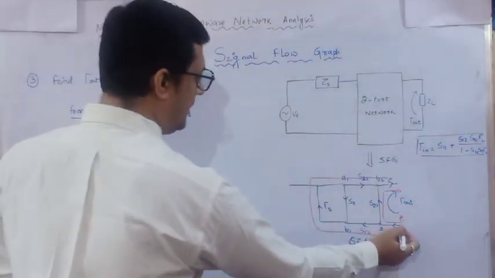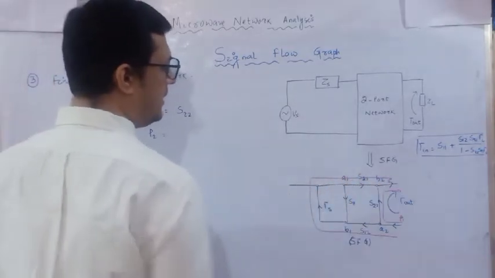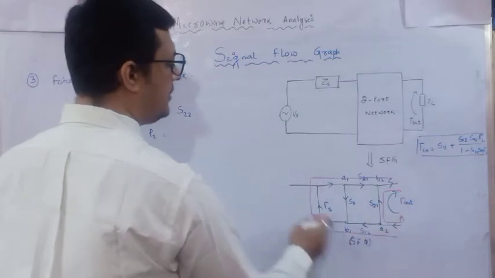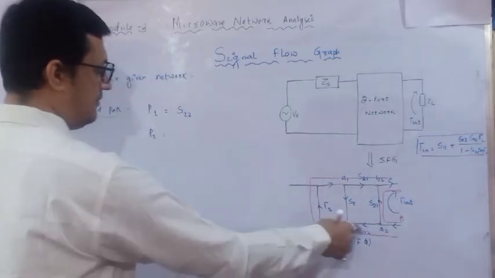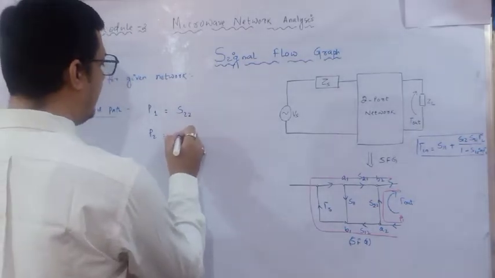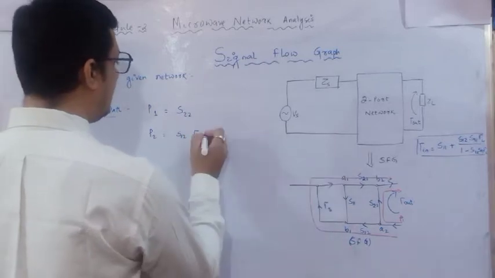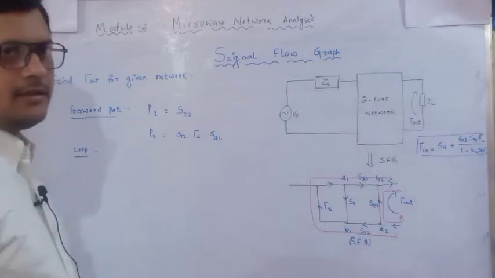Path 2, you can see that this particular line is continuous in nature, meaning the signal flows in this form. So this is one more forward path. What is the scattering parameter in that? In that it is S12, the reflection coefficient of the source, and S21. So this is the path. So there are two paths.